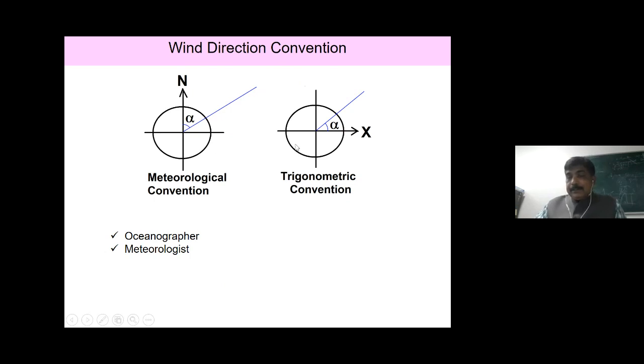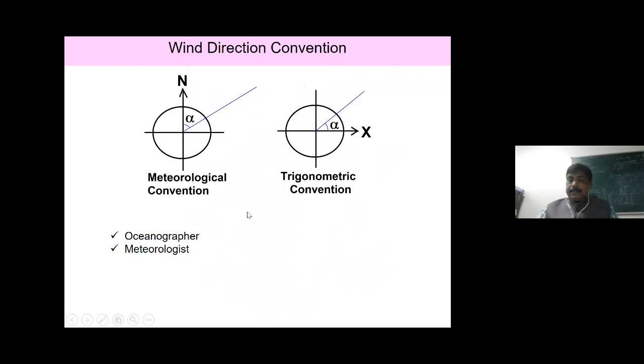Occasionally some students get confused with the trigonometric convention. In the trigonometric convention, the x direction is our routine Cartesian coordinate system, and from here we measure the alpha angle in the upward direction. So this is the first quadrant. But in meteorology, the wind is like this. So this should be known.